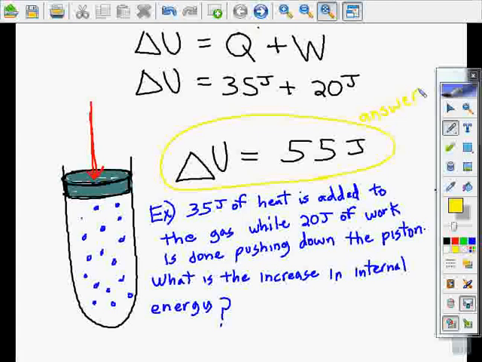The only time this formula is a little tricky is when you're deciding whether the values are positive or negative. So I just want to get this straight right from the start, because if you can get it straight right from the start, it's not really a problem. But it's very, very important to focus on whether the values of delta U, Q, and W are positive or negative.